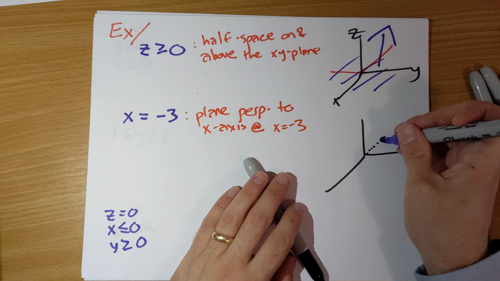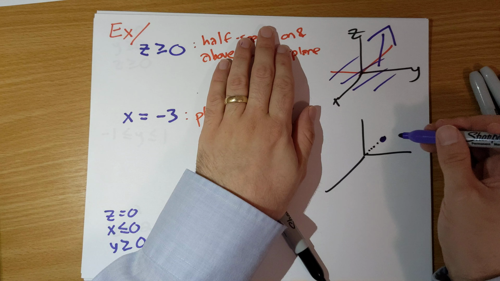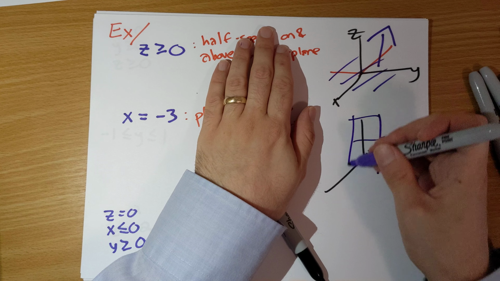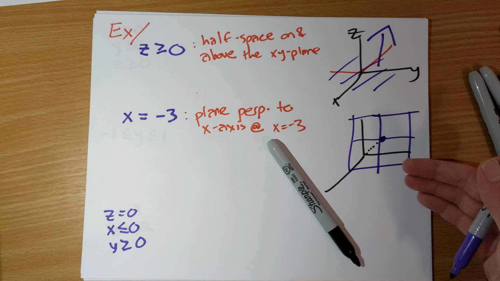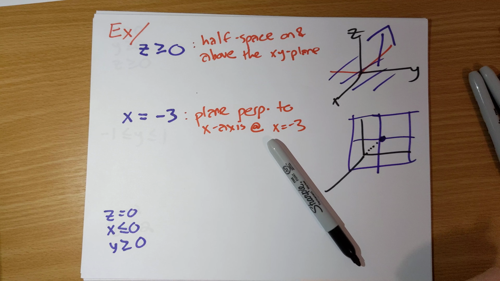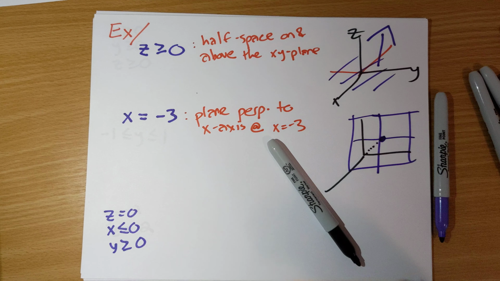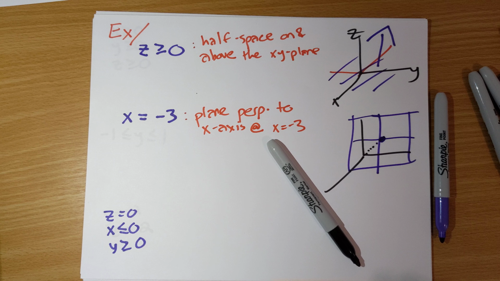So like this would be x is equal to -3 here. So it is some plane. It's parallel to the yz plane, and it's 3 units behind the yz plane. So that's what's going on.